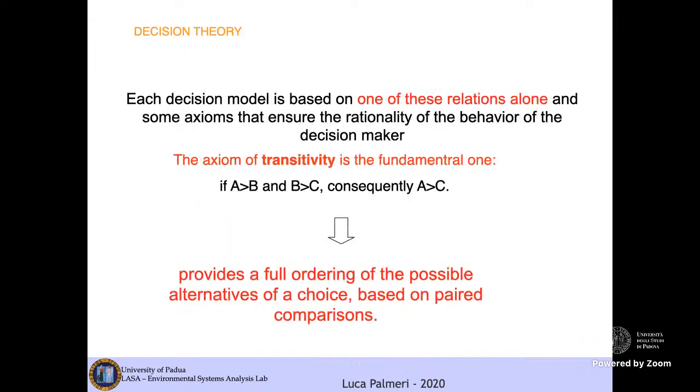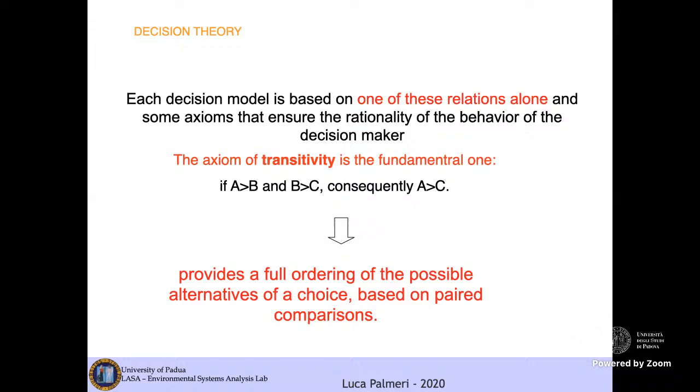Each decision model is based on one of these relations alone, and some axioms that ensure the rationality of the behavior of the decision maker are also included in the decision process. First of all, and this comes from decision theory basics, the axiom of transitivity is a fundamental one.